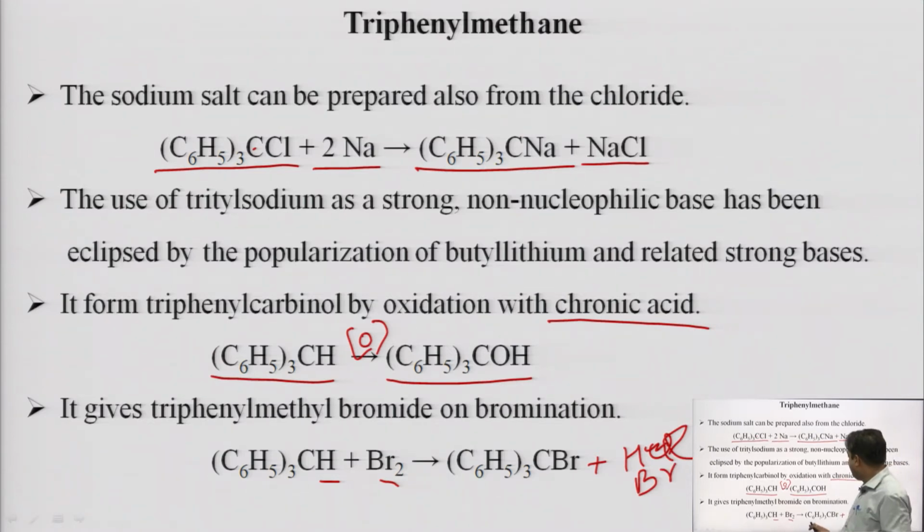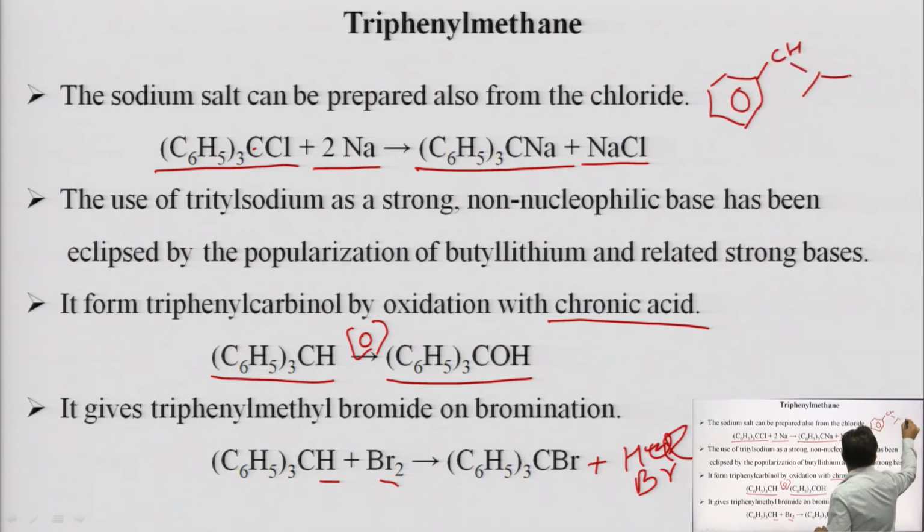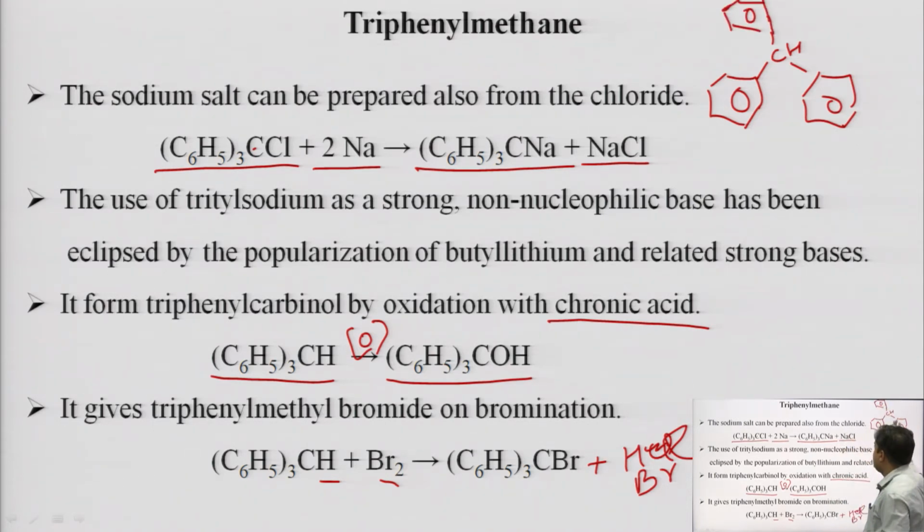When you can see the structure, this is the structure of triphenyl methane, meaning 3 phenyl rings are there, and because of the 3 phenyl rings you can easily say that this molecule will undergo electrophilic substitution reactions, but in addition to the electrophilic substitution reaction, these reactions occur at this particular bridge carbon. Okay.